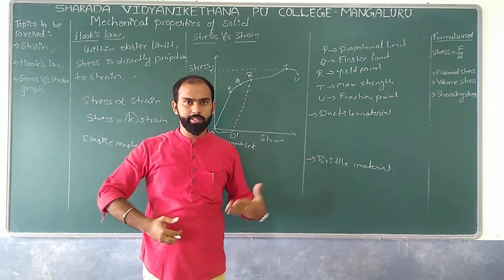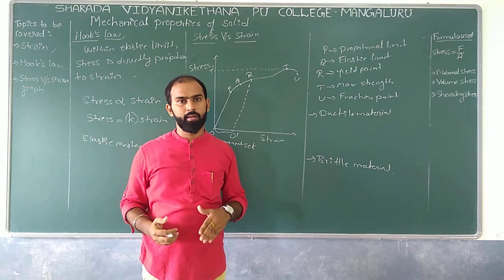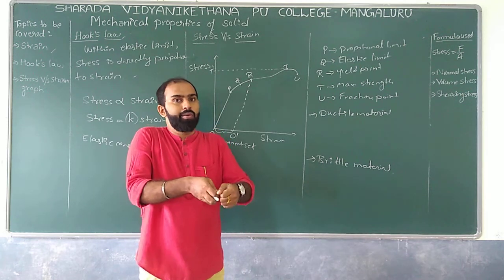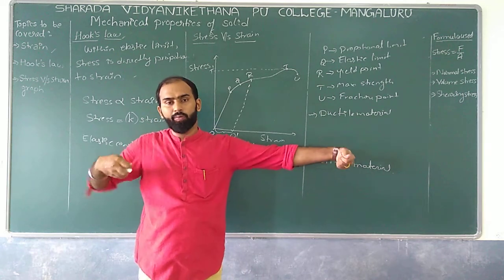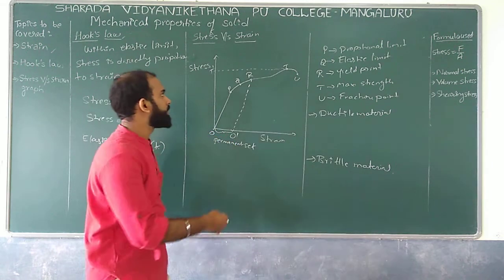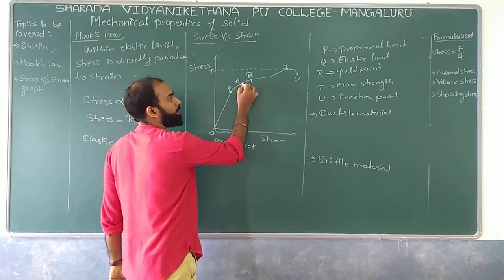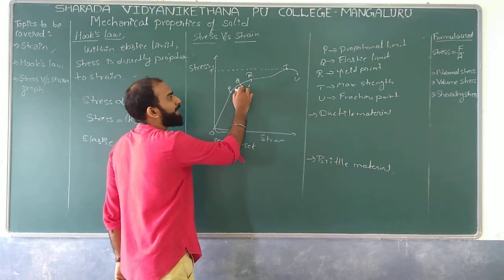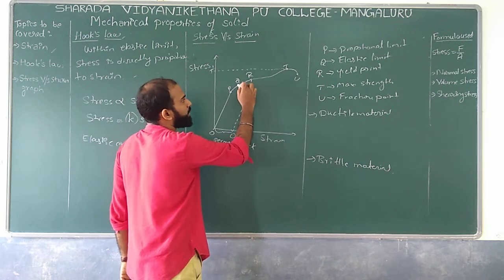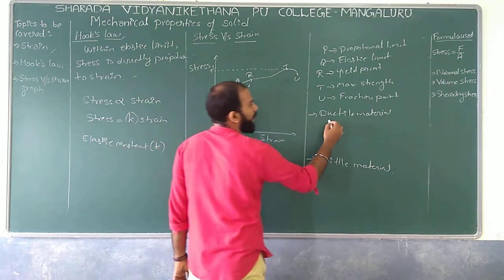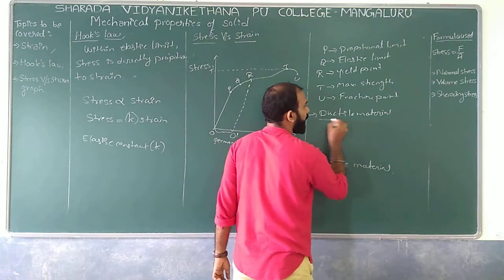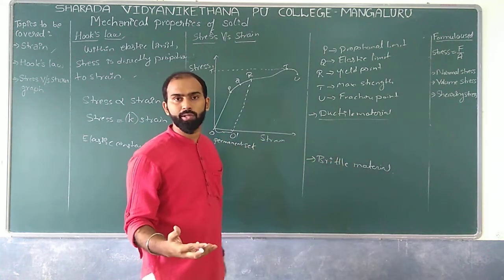The material does not regain its original configuration. If you can stretch more of a particular material, which means if the particle shows maximum plastic deformation between point Q to point U, I can say that particular material is called what?